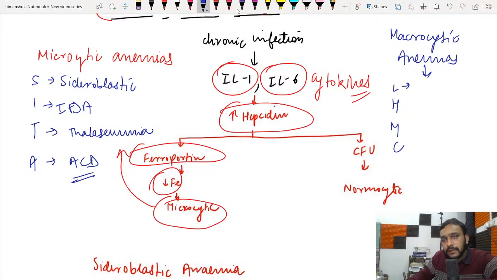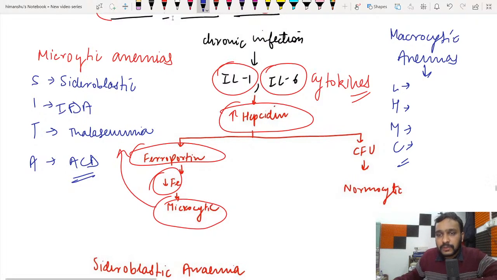L for lead poisoning, H for hypothyroidism, M for, very good, Dr. Shivani. Both of us have read from the same place. And M for megaloblastic anemia, and C for cytotoxic drugs. Okay, guys.